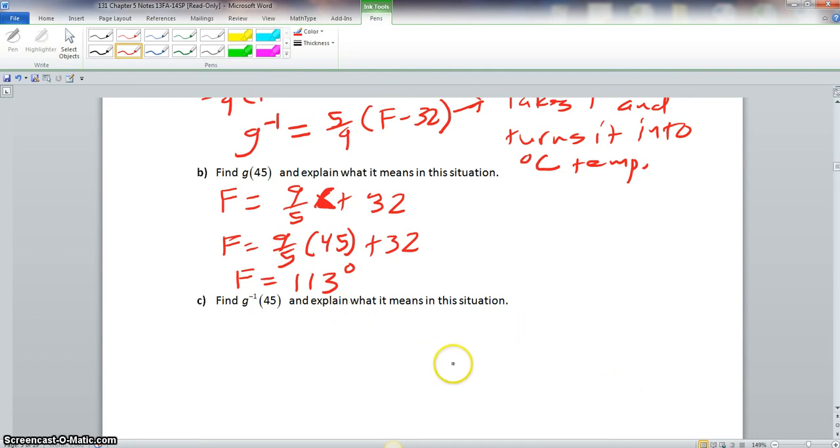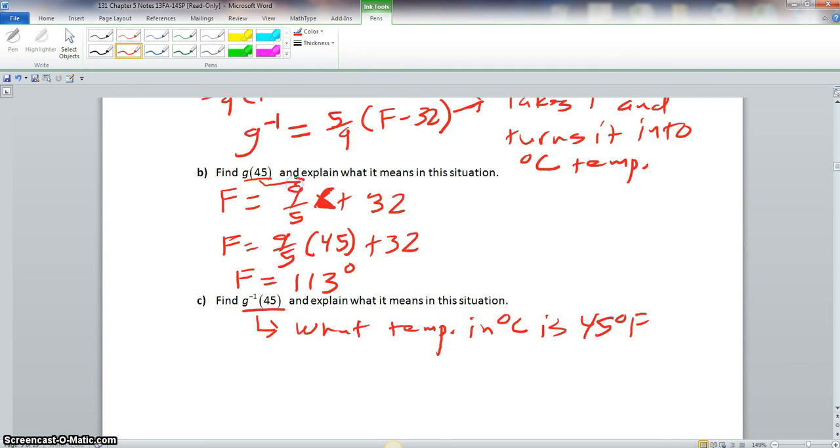So, now we go to C. It says find the inverse of G of 45 and explain what it means in this situation. So basically, what this means is: what temperature in degrees Celsius is 45 degrees Fahrenheit. Now I should have written this up here, but I'm going to write this now.